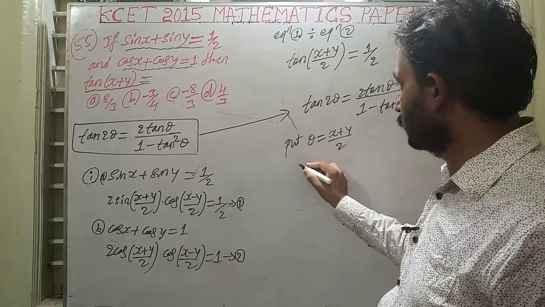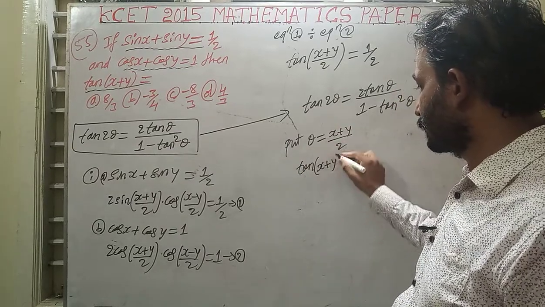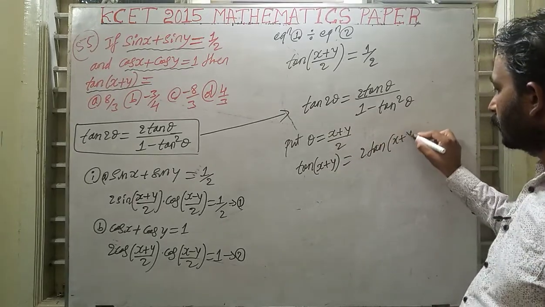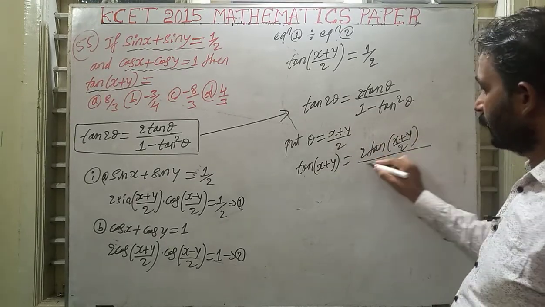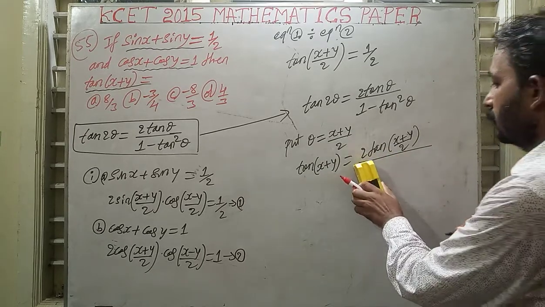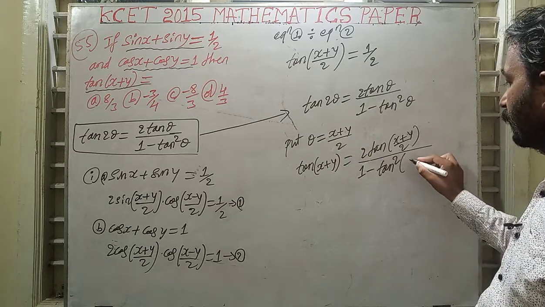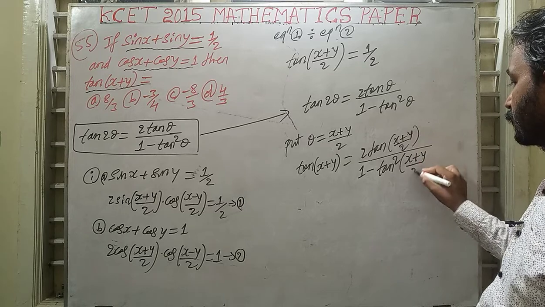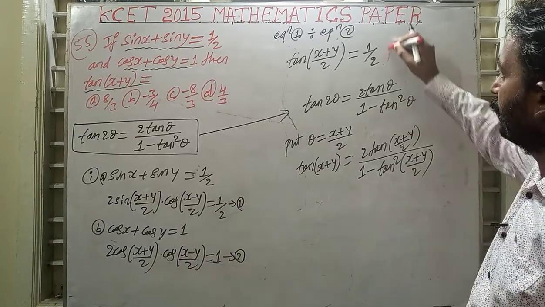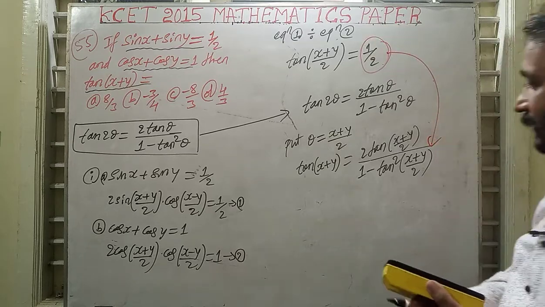The left hand side becomes tan of (x plus y), as the 2 gets cancelled. The right hand side is 2 tan of (x plus y) by 2 divided by 1 minus tan square of (x plus y) by 2. We already found the value of tan of (x plus y) by 2 is 1 by 2. Substitute this value in this equation, we get the required answer.